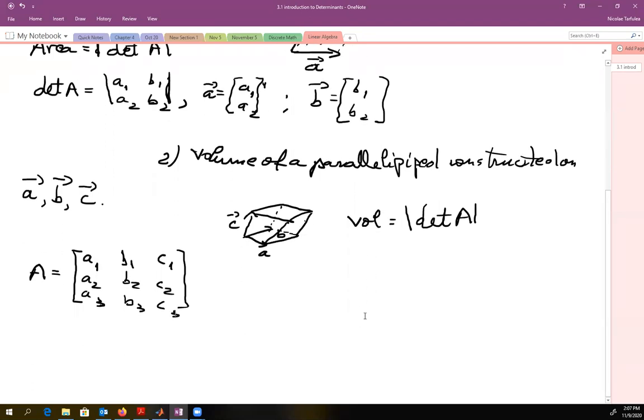Now, since we are here, you know that when you use the change of variable formula in Calc 3 for multiple integrals, you also have the determinant of the Jacobian of the transformation. So this is another example, example 3.